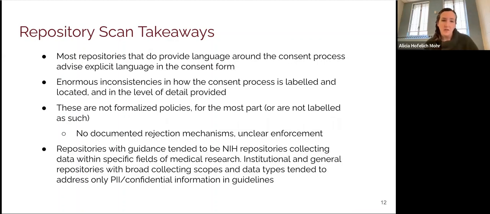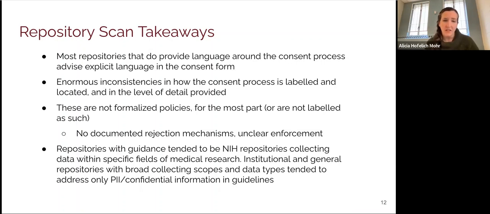And the other thing we noticed is that the repositories that did have guidance tended to be those NIH-specific repositories because they were collecting data within a specific field, generally medical and clinical research. And so they had very strict requirements on consent. And most of those people would know that they're depositing there when they were collecting their data.